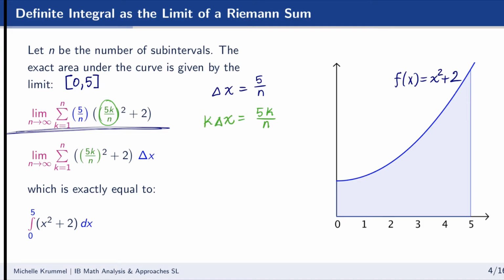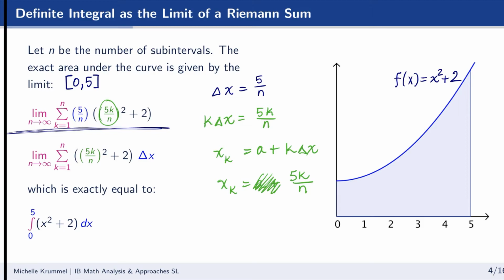That's k times delta x. And remember that a plus k times delta x equals x sub k. So x sub k equals a plus the 5k over n here, and our a value is 0. So that's just going to drop out. So we have x sub k equals 5k over n.